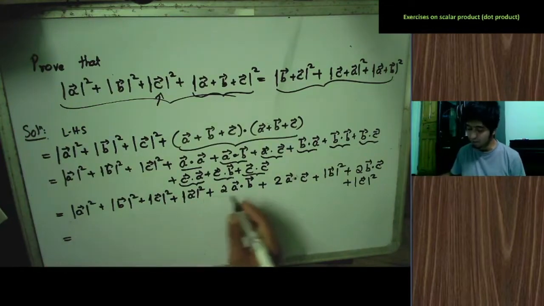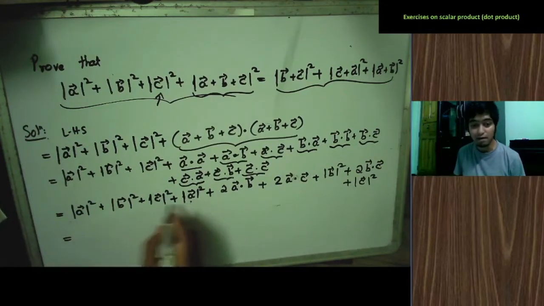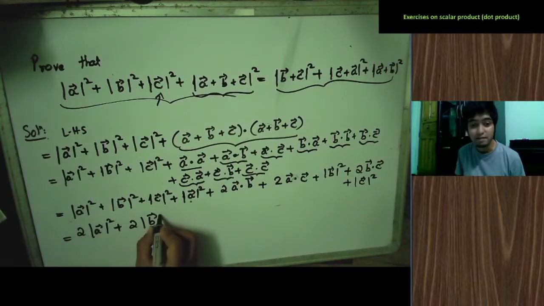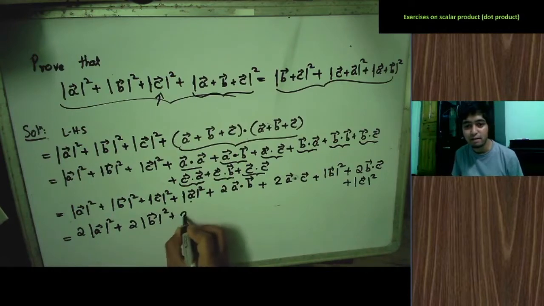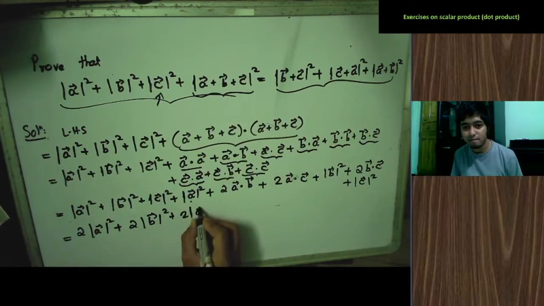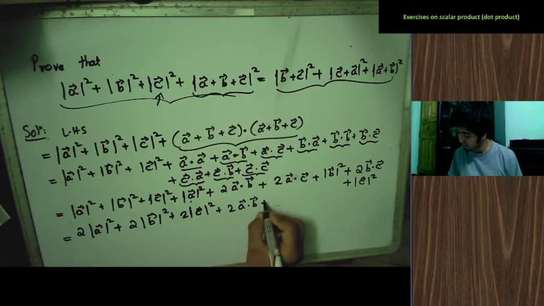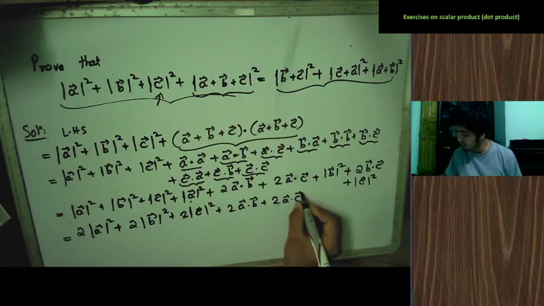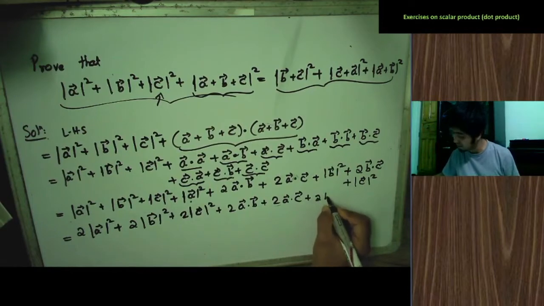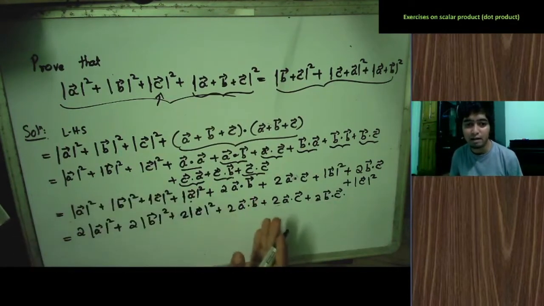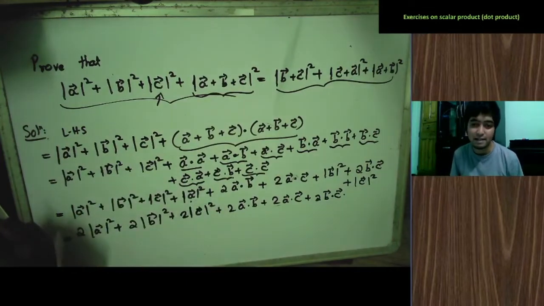So just simplify it again. So a square, and this one will be having 2 times a square plus, just simplify it, you will be having something that looks like this: 2 times a dot b, 2 times a dot c, and 2 times b dot c. So this is what we are having after simplifying the left hand side.